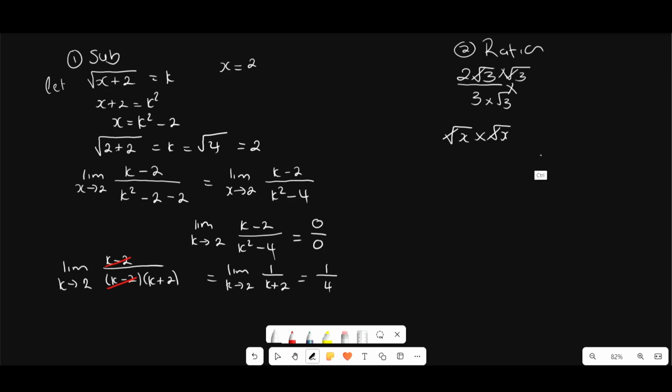Similarly here, I have the 3, the bases are the same, and therefore I'll take down the square root, and hence I'll have 2 times the square root of 3 all divided by 3. I hope this makes sense.